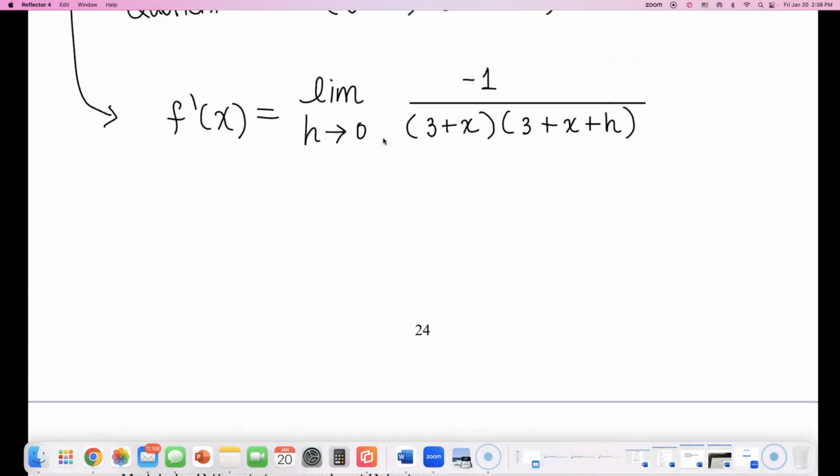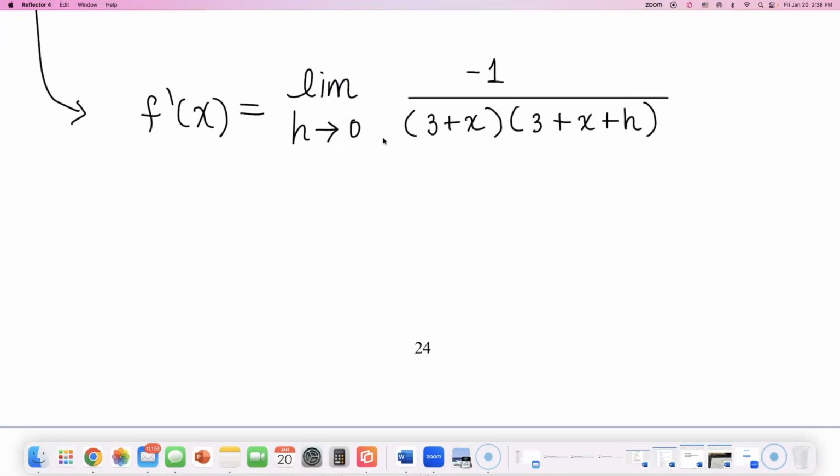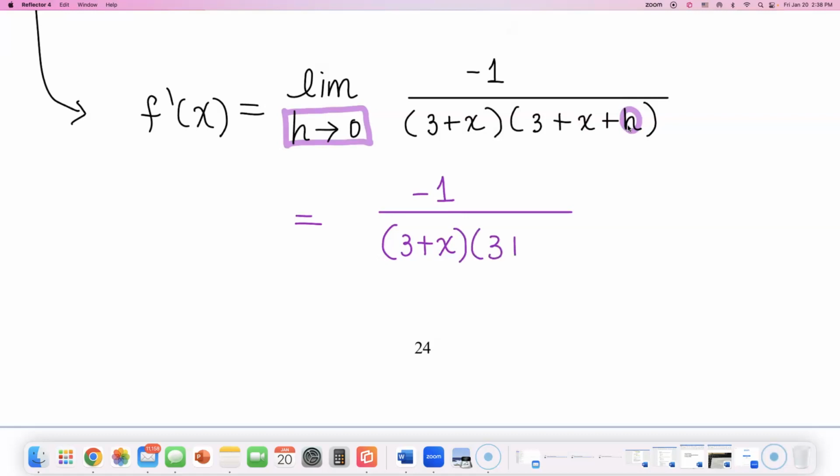So let's find our final answer. All you have to do after finding the simplified difference quotient is plug in h equals 0. Okay, that's all you need to do. So find all the h's in this expression. Where is it? H is right there. So I have to just plug in 0 there. So the final answer is going to be negative 1 over 3 plus x times 3 plus x plus 0.